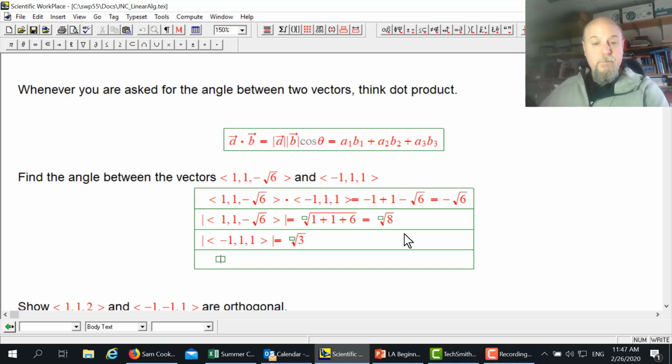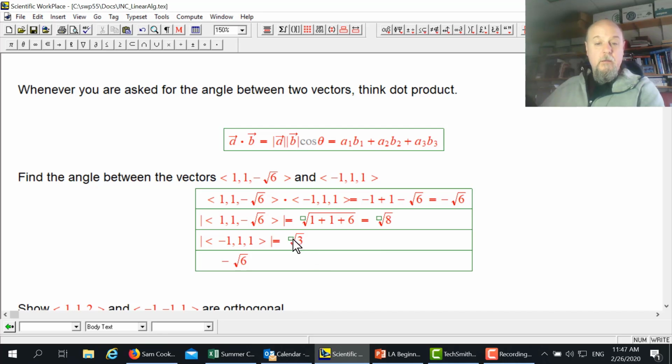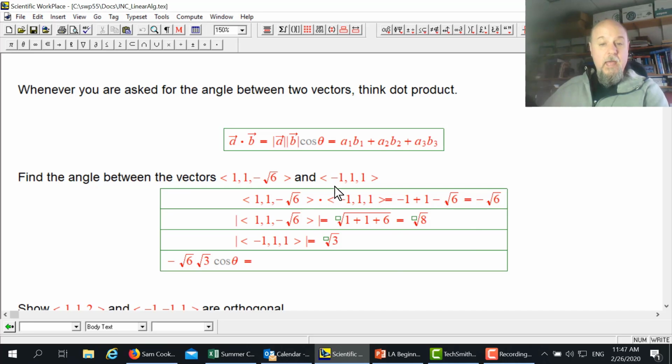So now let's plug into this side of the equation. Magnitude of A, and again, it doesn't matter which one I think is A and which one I think is B, but we just did this in order A and B. So I'm going to have magnitude of A times magnitude of B times cosine of the angle between them is equal to A dot B, and that's our minus root 6.